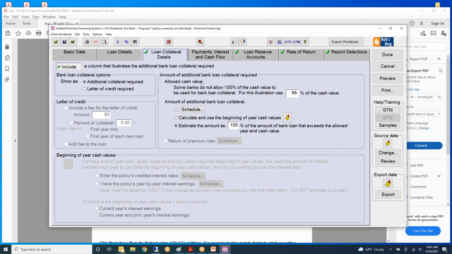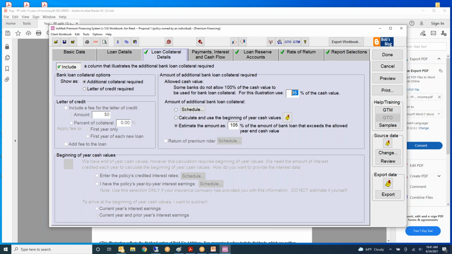Next, how much additional collateral is going to be required is going to be based on a couple of inputs. So the calculation is going to be depending on the input. Sometimes some lenders may be more conservative, and they will say, we don't allow 100% of the cash value of the policy to be used as collateral.